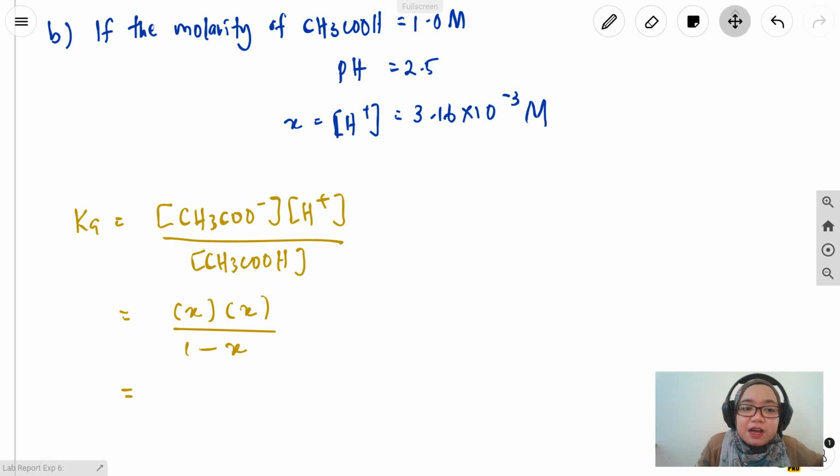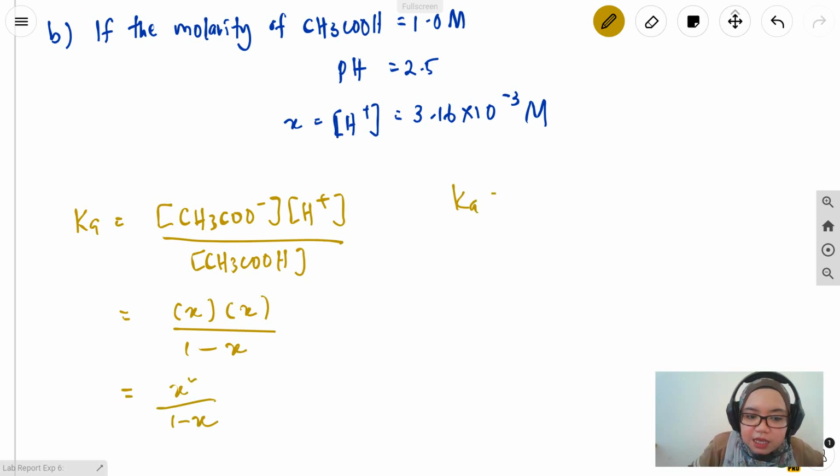Concentration of acetate ion times H plus divided by acetic acid. So X times X over 1 minus X. Sebab tadi initial dia dah jadi 1 kan. Sebab dia punya molarity kita sekarang ni 1.0. So sekarang jadi X squared over 1 minus X.